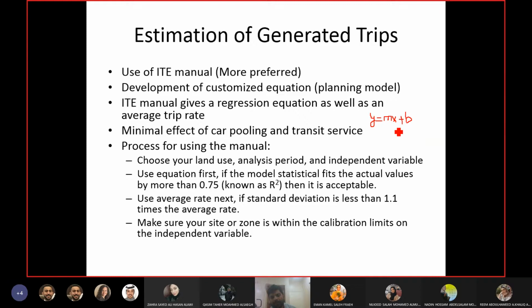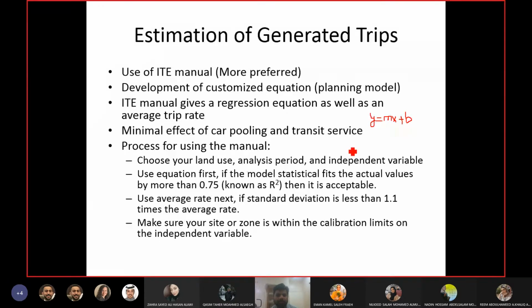This x will represent the size of the land use. y is the number of trips you are estimating, and b is the constant, the intercept. So this is the general form of the equation, and you can use it to calculate the number of trips.